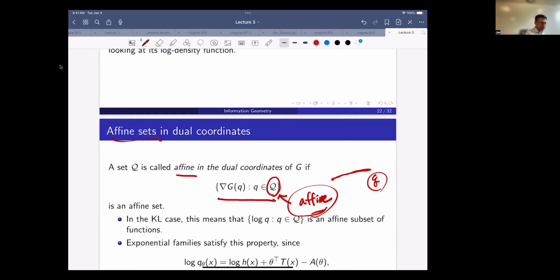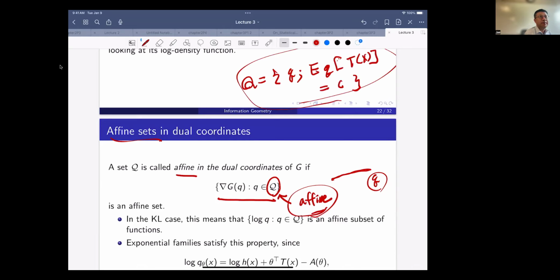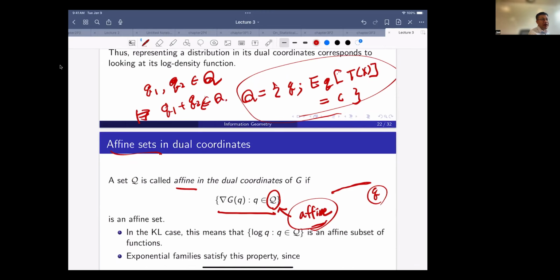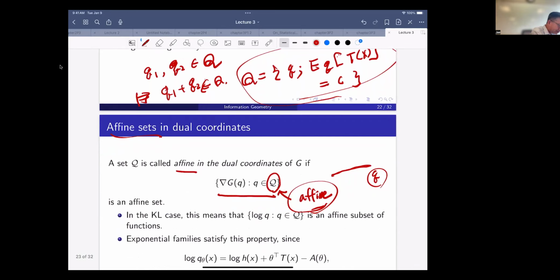Suppose your model is something like the expectation of Q of T(x) equals C. So if Q1 and Q2 belong to Q, then it's linear: Q1 plus Q2 is also in Q. So this set is called affine in the dual coordinate G if its range is also an affine set.